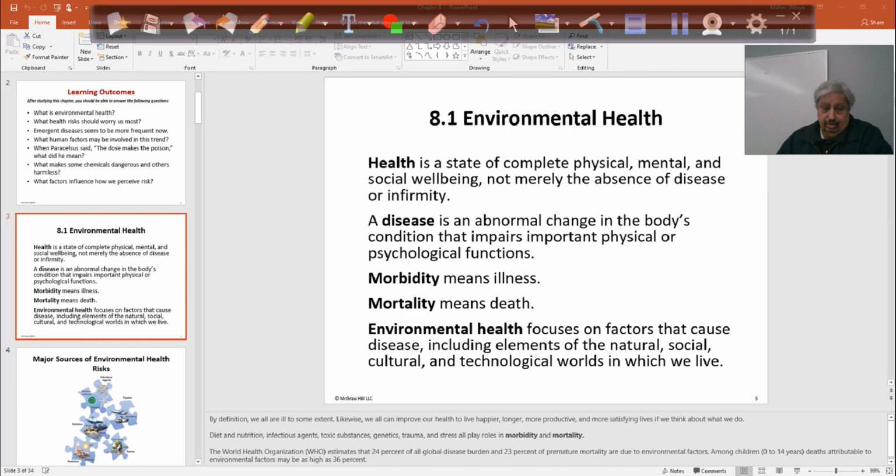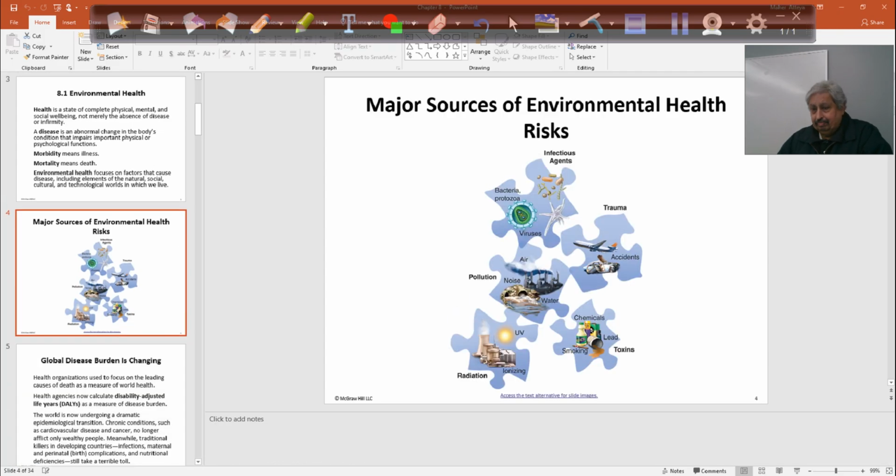Correct? And here is just some of the idea. Those are the sources that put environmental health at risk. You can look at this. As you can see, we start with the infectious diseases, agents, diseases, trauma, accidents.